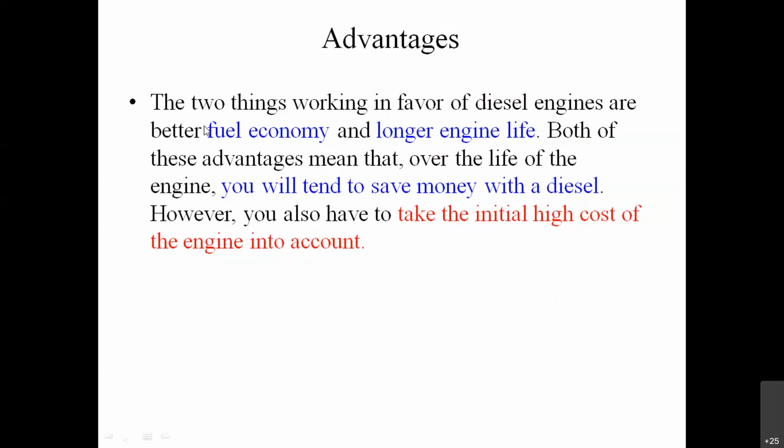It gives you fuel economy, and the life of these engines is longer as compared to SI engines. Only these two are the factors that make diesel engines more suitable. If we consider longer term economy, diesel saves money in terms of fuel and engine life.